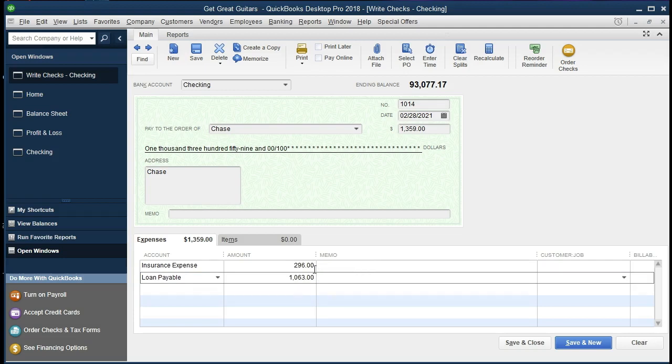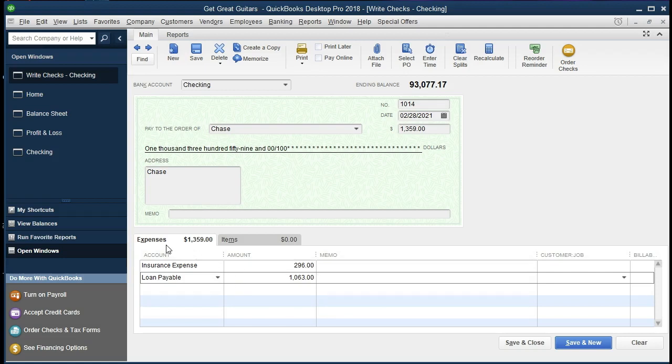So note they're slightly different. It was 300 before, and it was 1059. Now we have the interest expense 296 and 1063. We're going to save and close this. Note that when you look at the check, we already have those breakouts down here, so we don't have to use the split column.